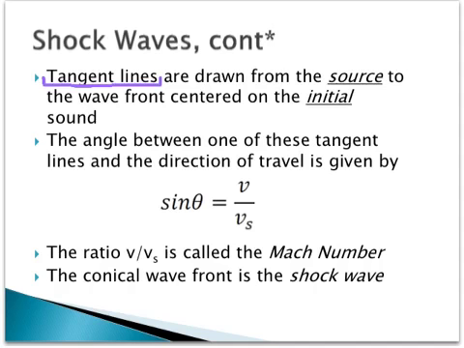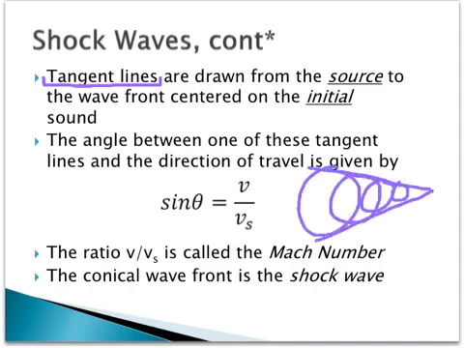If we draw another line from the source directly through the straight-line path where all the sound waves were emitted, here are the circles, not the best drawing, and here's the line I was talking about. Here is the tangent line, and here is that other line. Notice that an angle forms between this line and the tangent line.